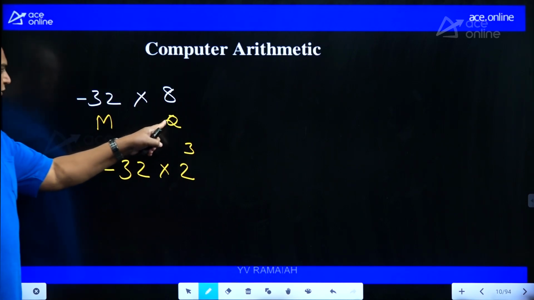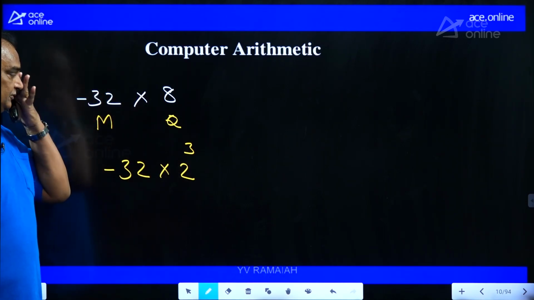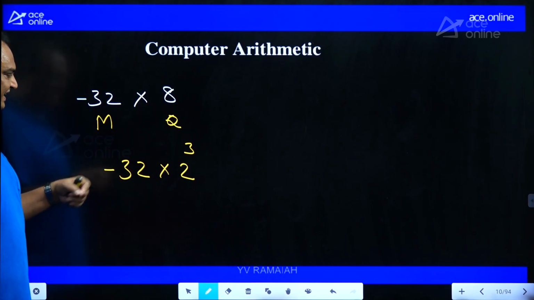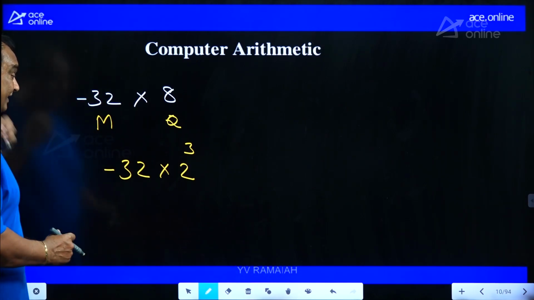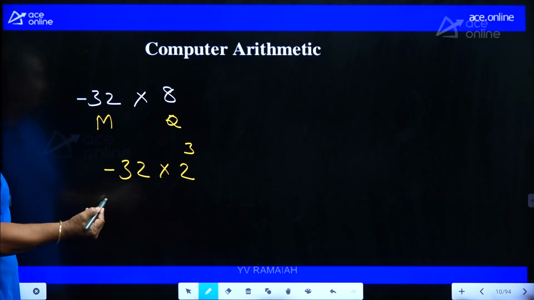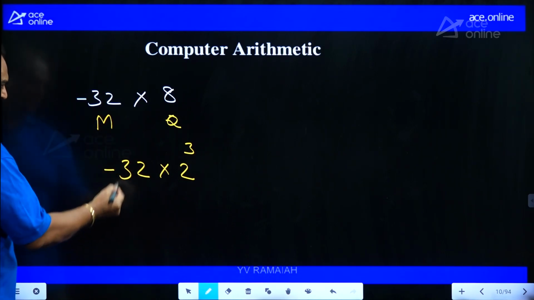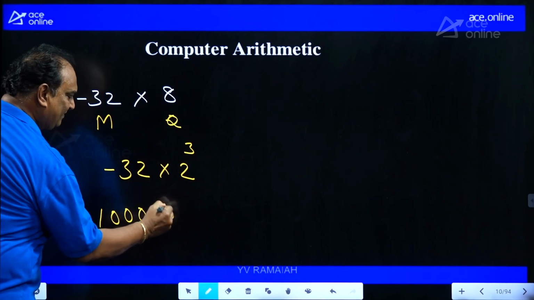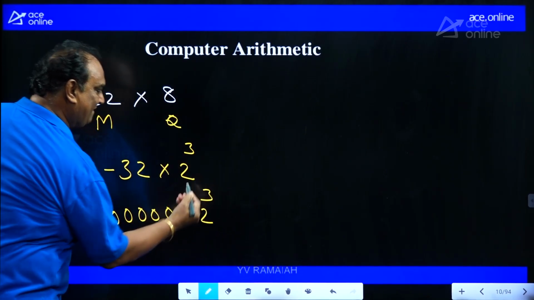Why are we writing the Q value in base 2? Because we are discussing binary multiplication, binary system, base 2. Already we know how to write minus 32 in binary in signed 2's complement notation: minus 32, 16, 8, 4, 2, 1 into 2 power 3.